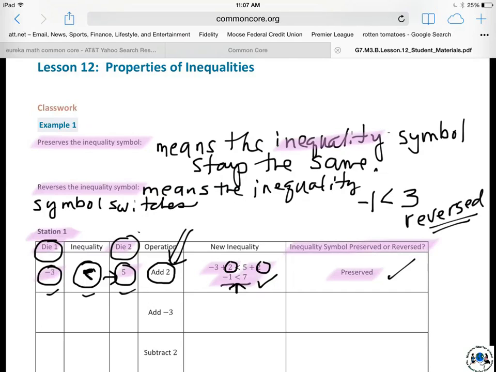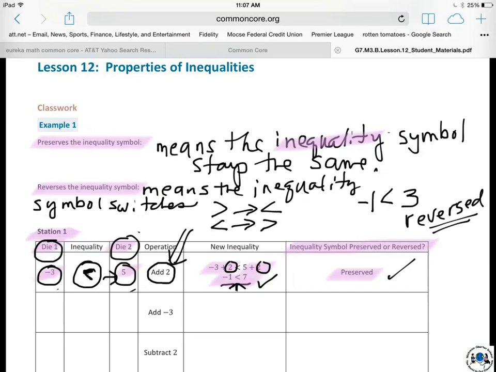So it's either going to switch from greater than to less than, or less than to greater than, or less than or equal to greater than or equal to. So we're going to work through this together, so I'll be able to clarify along the way.